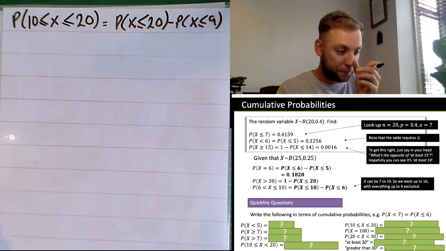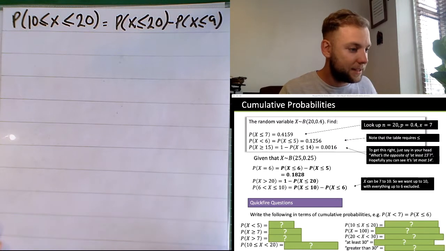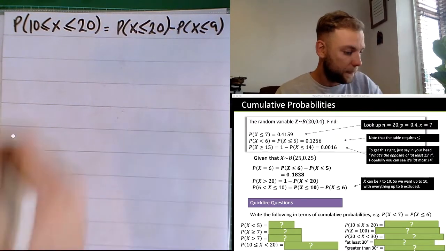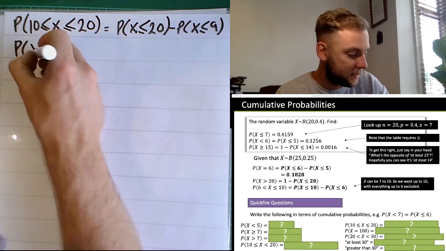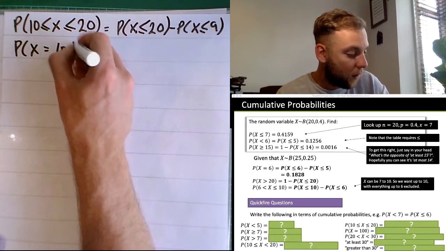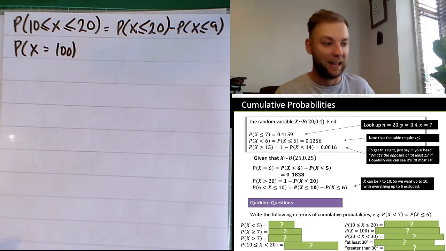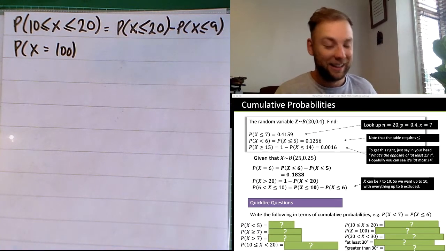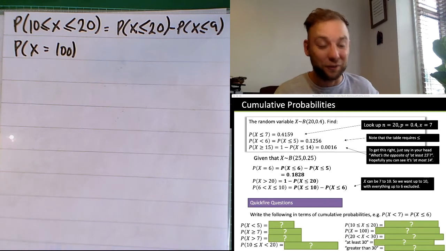Remember, because it's less than or equal to 9, we want to include 10, so it has to be everything which is below that. The probability of it being exactly x, well, here the probability of x being equal to 100. On the calculator, I would use PD here. But I know in this one here, what they're going to say to do, which is a bit strange actually, because there are 2 functions for this.